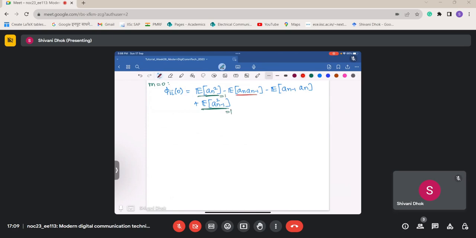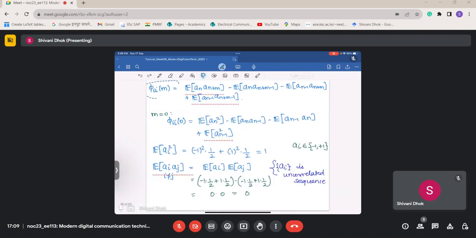However, in these two terms, n is not equal to n minus 1, so these two terms will be equal to 0. So what we have here is 1 plus 1, which comes out to be 2. This is the first thing that we have obtained.